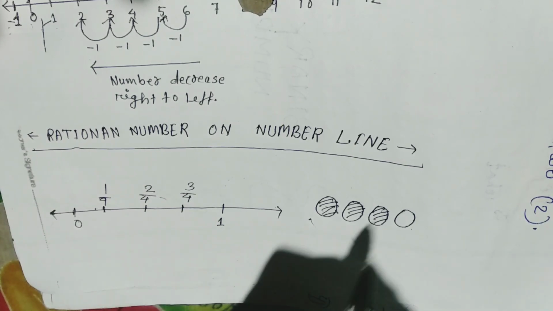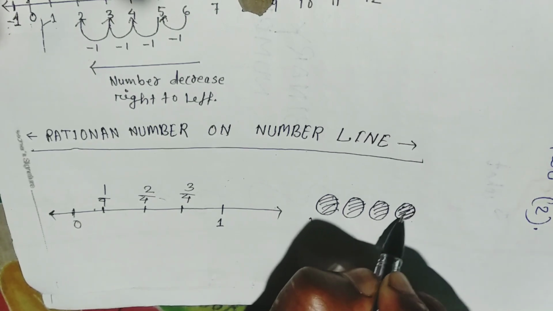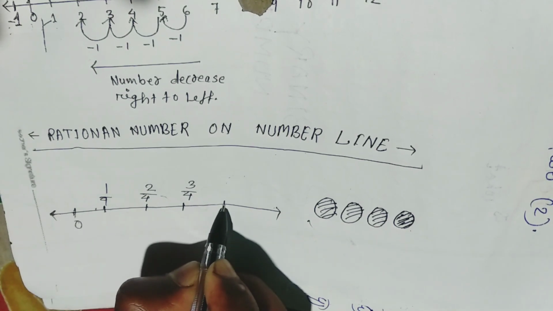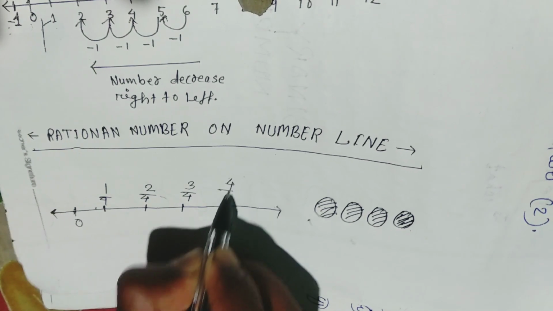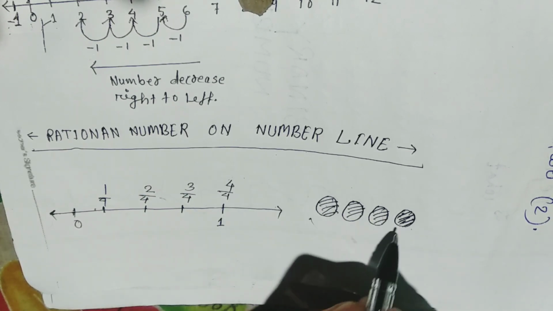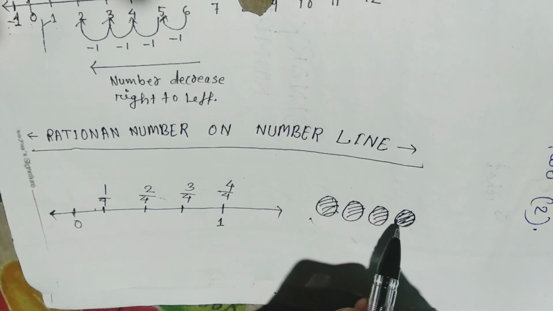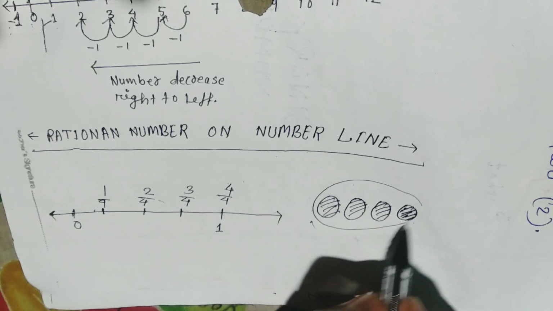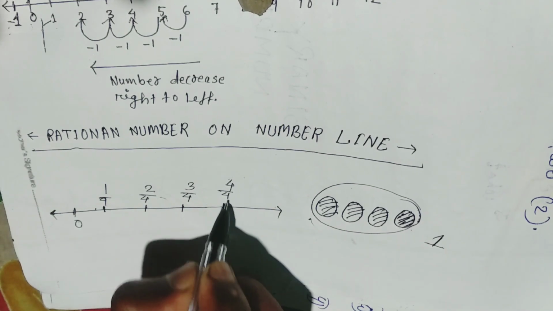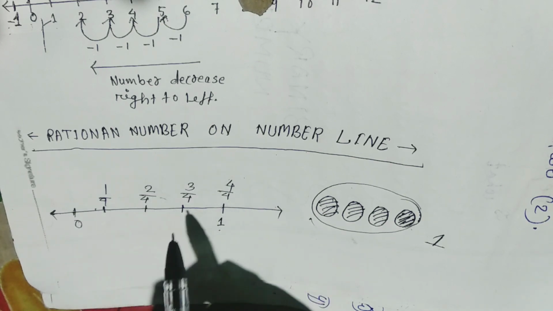If Ram has taken 4 marbles out of 4, then 4 upon 4, means Ram has taken all the marbles, the one set of marbles, means this 1. 4 by 4 is 1. This is called the rational number on number line.